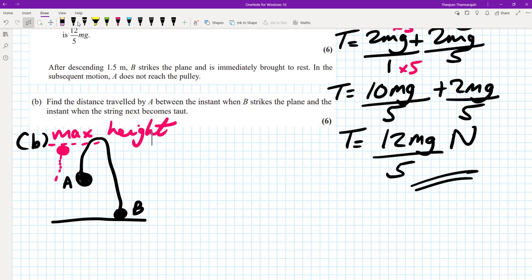And then don't forget, at this point the string's broken, so it's going to move under gravity, so minus g. It's moving upwards. And then once it gets to maximum height, it's going to come back to this point, and at this point the tension is resumed, or it comes back again. So that's basically our model.